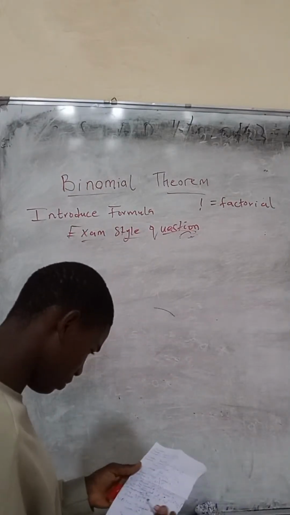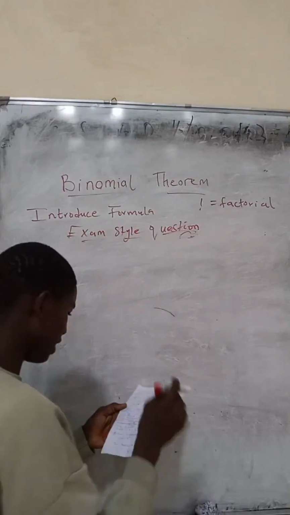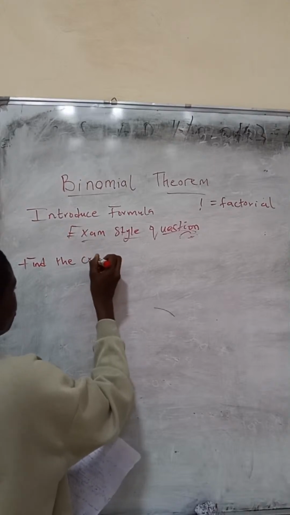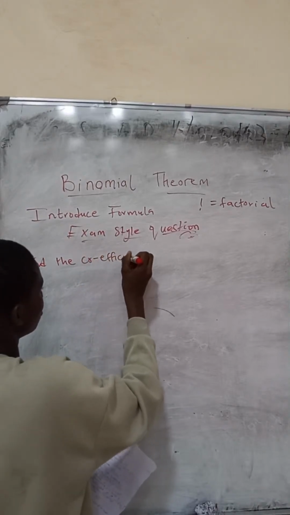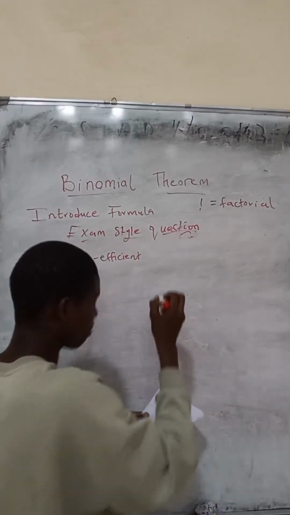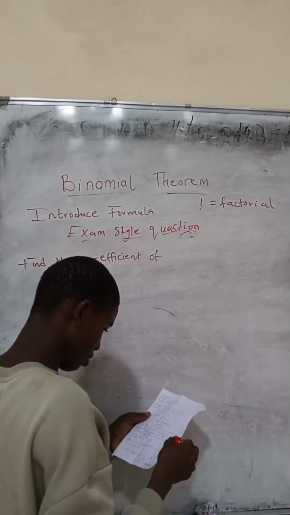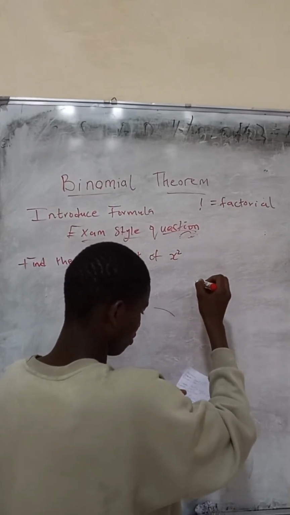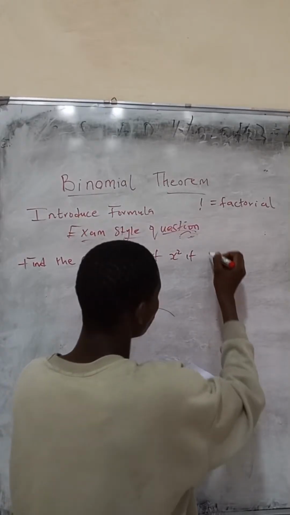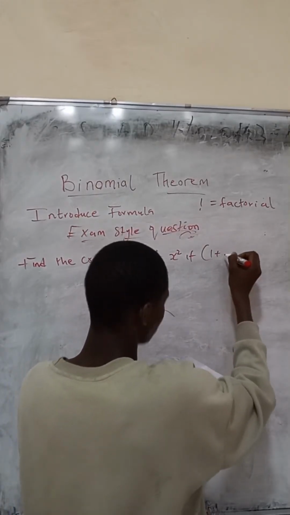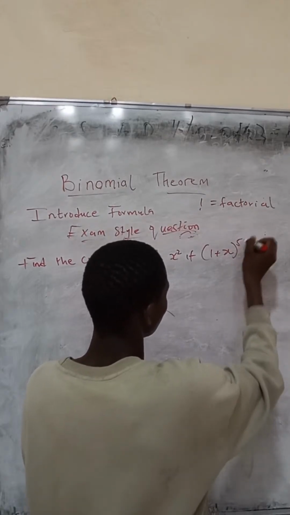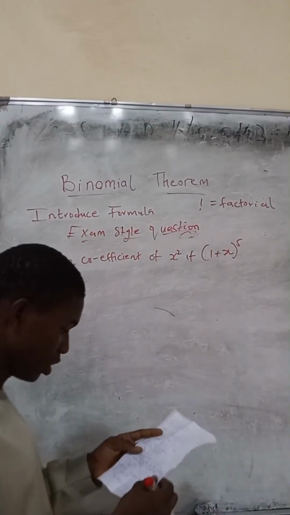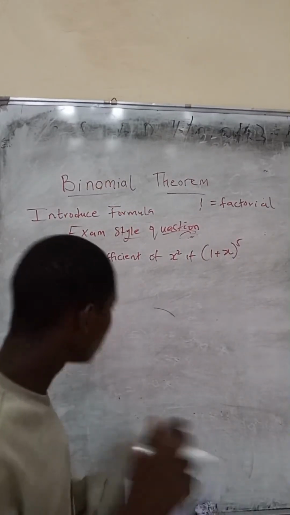It says, find the coefficient of x squared if (1 plus x)^5 is expanded. So they say we should find the coefficient of x squared in this expansion. That's what we have to do. Now let's do that real quick.